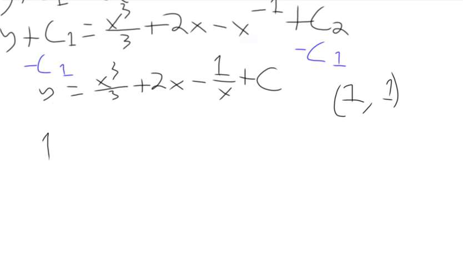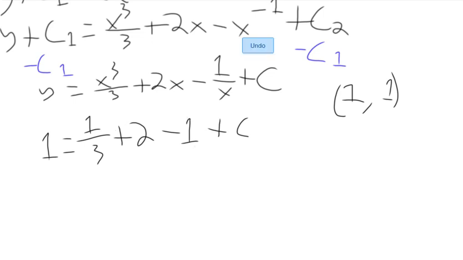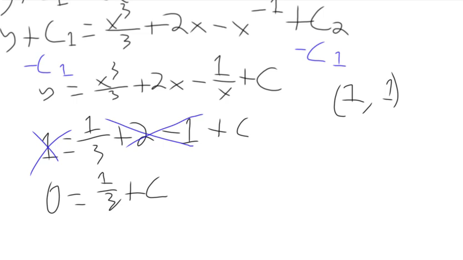So doing that, I'll have 1 equals 1 cubed is 1 over 3, plus 2 times 1 is 2, minus 1 over x is 1, 1 over 1 is 1, plus c. 2 minus 1 is 1, and that's going to cancel with this one right here. These cancel out. So I'm left with 0 equals 1/3 plus c, which tells me that c equals negative 1/3.